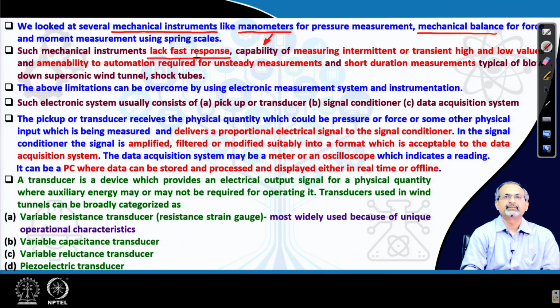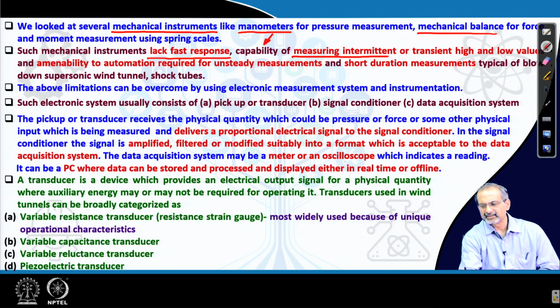That means they take more time to respond to a certain physical signal and provide you the necessary output, which may become a big impediment if you have very rapidly changing data coming from the experiment. So, mechanical instruments will never be able to respond to such rapid changes.